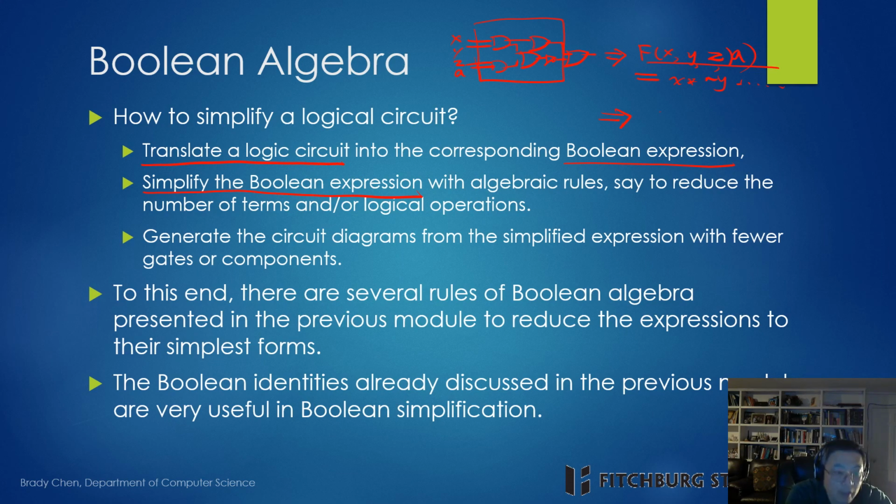So they are equivalent, and hopefully it will be simpler, containing a fewer number of operations. So how can we simplify this? We can simplify the Boolean expression with algebraic rules, like all these algebraic identities.